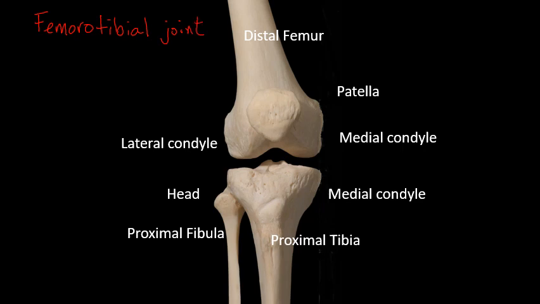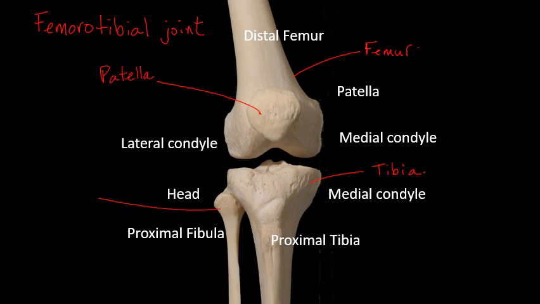So we're moving further down the body distally, and the components we have of our femoral tibial joint include the femur, our tibia, we have the patella, and the fibula. Okay, so those are our main bones: the femur, the tibia, the patella, and the fibula.